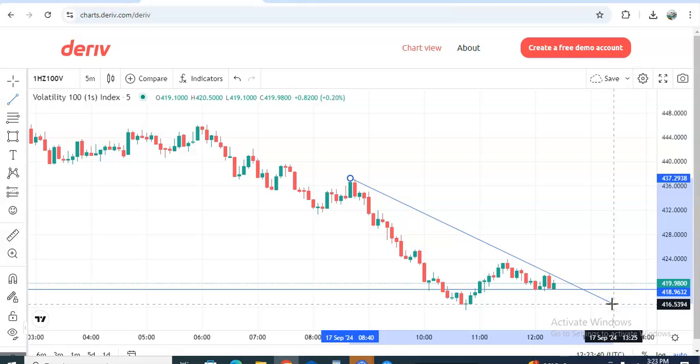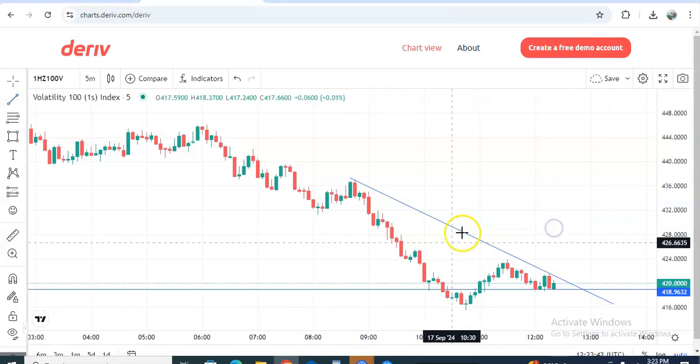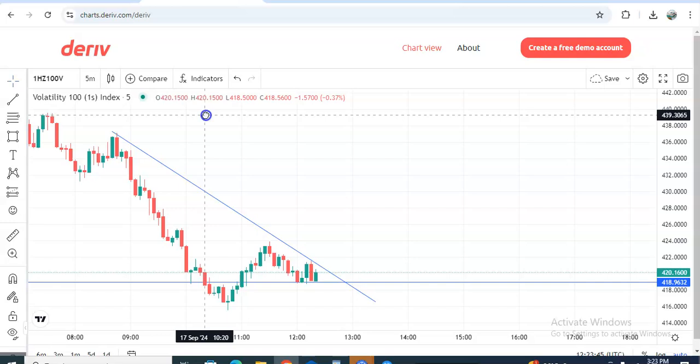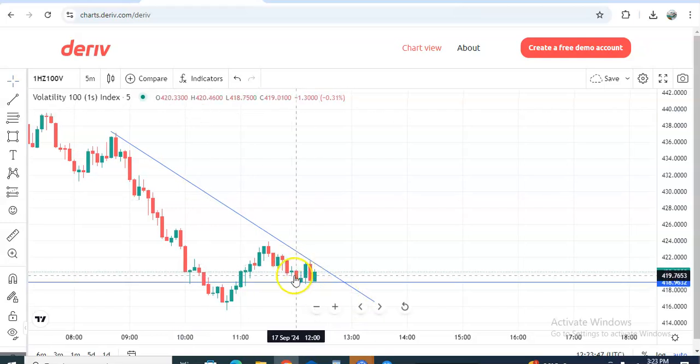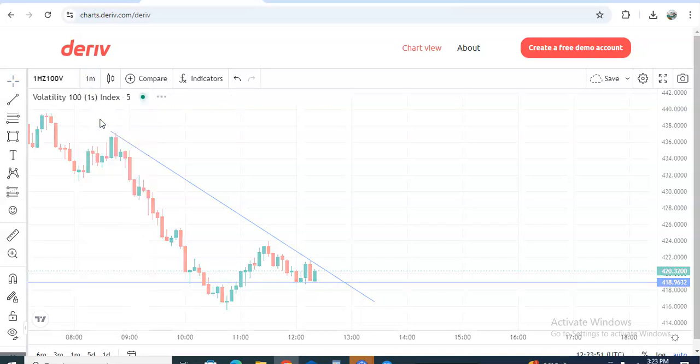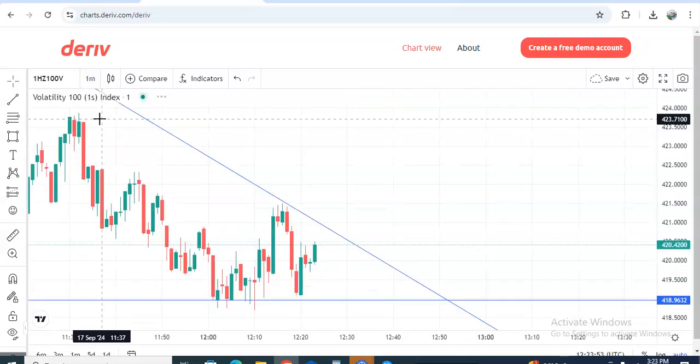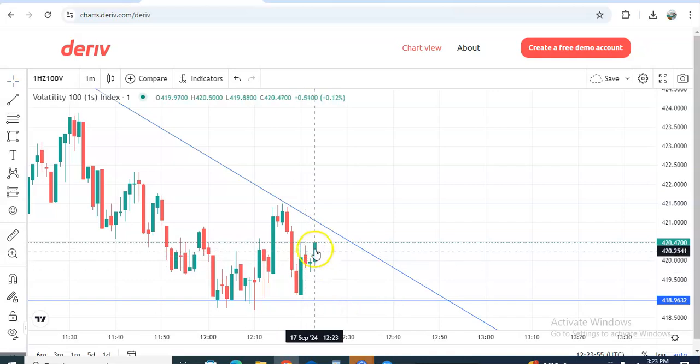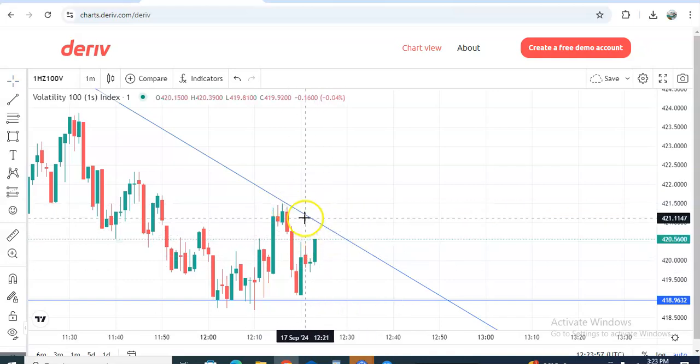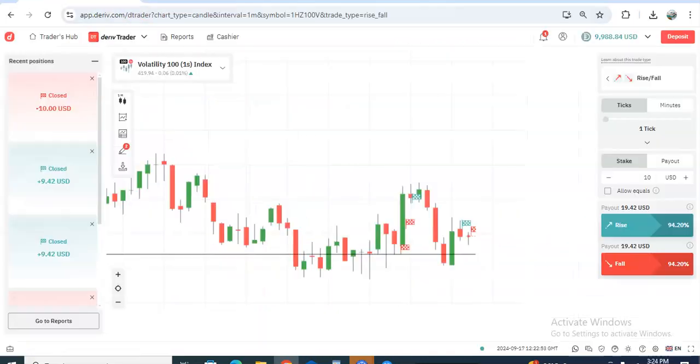So it might be going down. Even if this candlestick was showing us up, let's come to 1 minute and see. See, still going up, so we can wait for it maybe to test this.